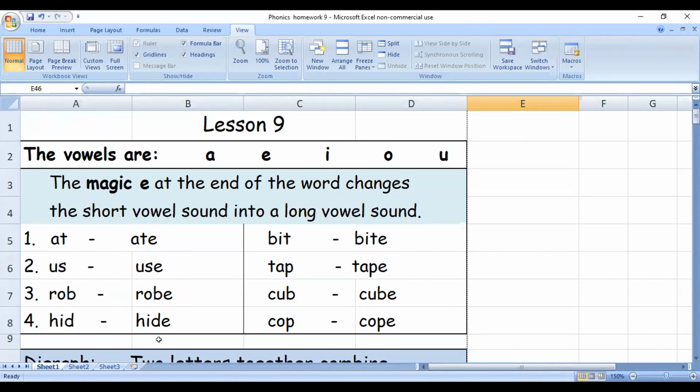I like to hide behind the cupboard. Bite. I can bite with my teeth. Tape. You can use a tape to fix things. Cube. A cube has 8 sides. Cope. Cope means to endure. I can cope doing my homework.